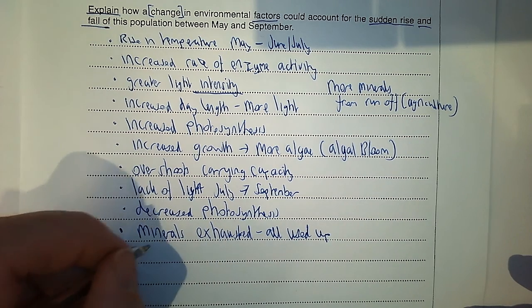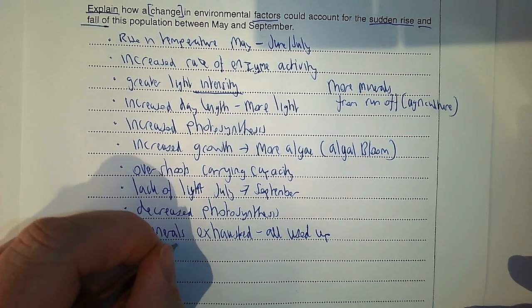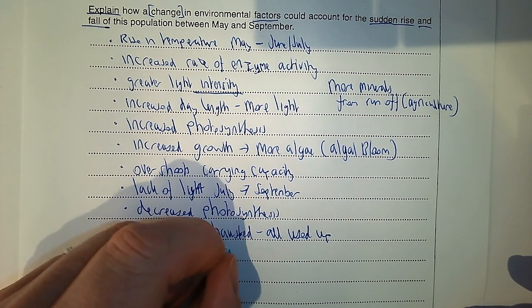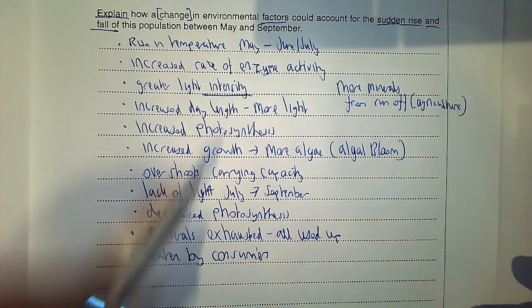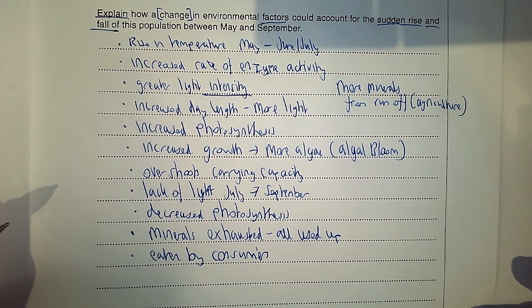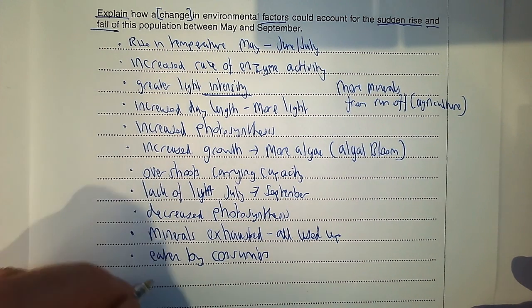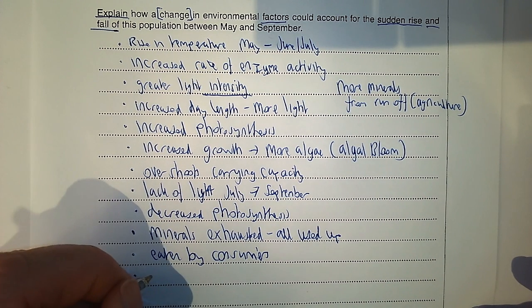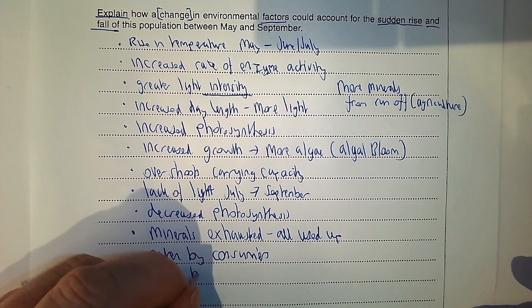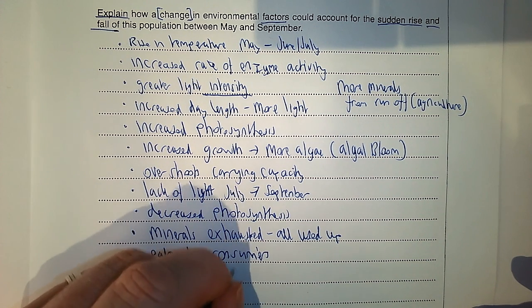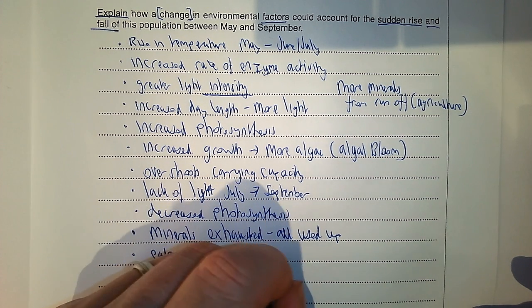The algae might be eaten by consumers, herbivores, and that's going to cause an increase in death rate in the population, causing, alright, so all of that is going to cause the algae population to decrease.